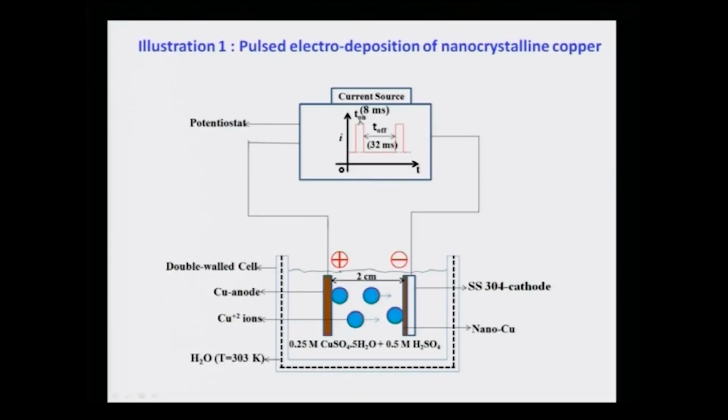I will not be able to go into detail of this deposition technique, except to show you that this can be done in a normal electrochemical cell, a double wall cell, where the anode is copper and the cathode is basically stainless steel 304 grade. If we apply a current when both the electrodes are dipped into a copper sulphate sulfuric acid solution at about 303 Kelvin, one can see the deposition of copper from anode to cathode taking place, and by that one can deposit copper of different thickness on the stainless steel substrate.